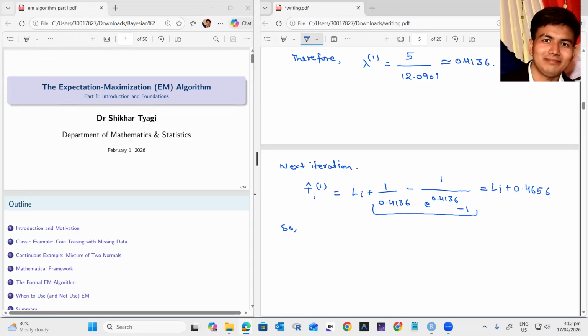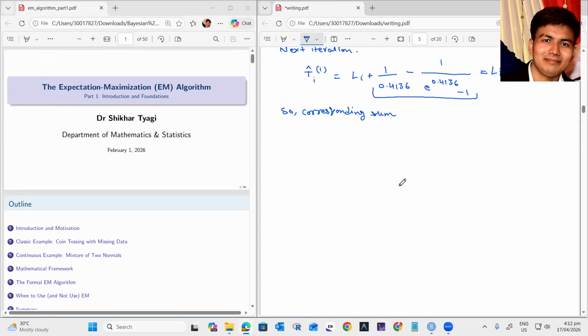Their corresponding values will be T cap 1 equals 0.4656, 1.4656, 2.4656, 3.4656, and 4.4656.